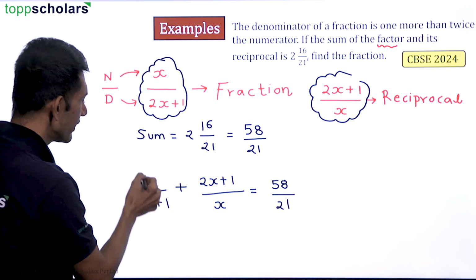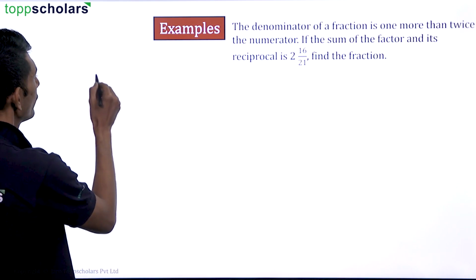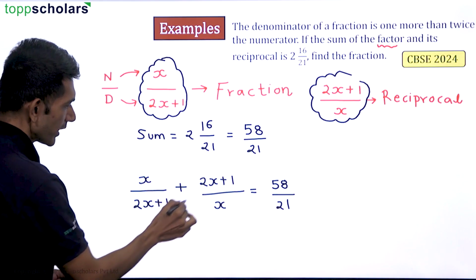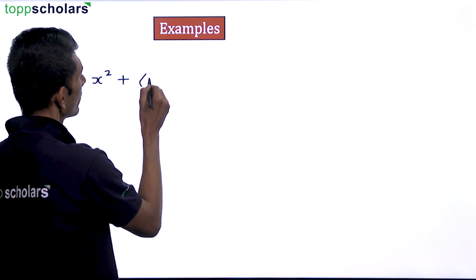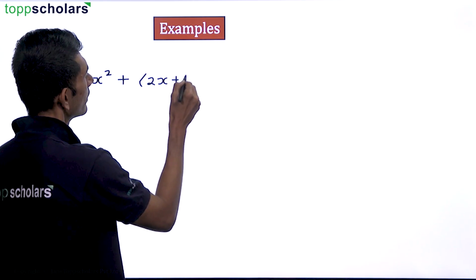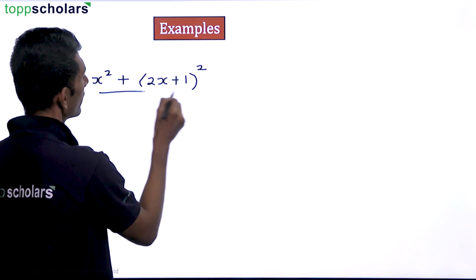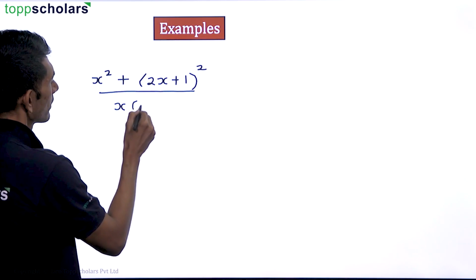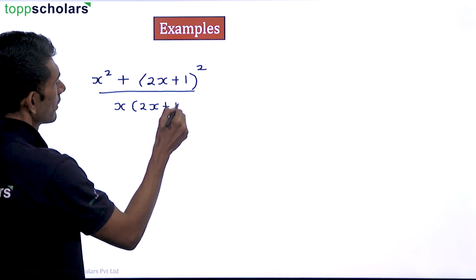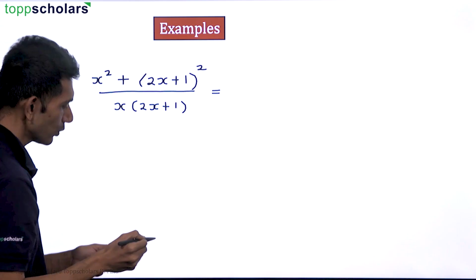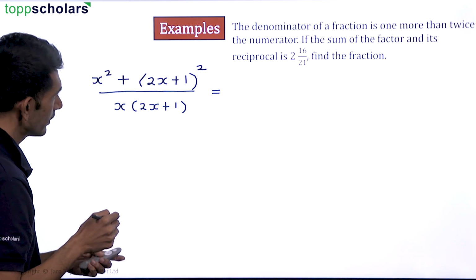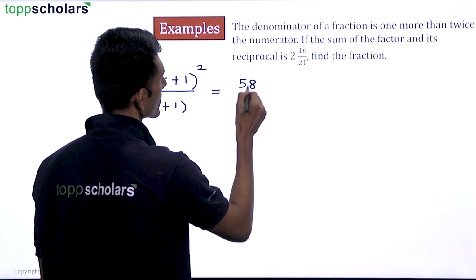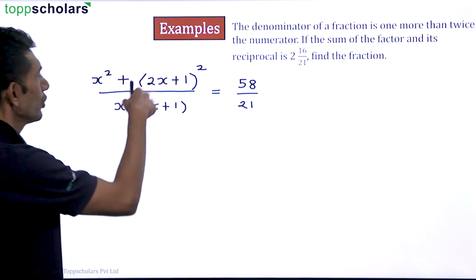Now cross multiply, x into x, that gives you x square plus 2x plus 1 into 2x plus 1, 2x plus 1 the whole square, divided by x into 2x plus 1. This is equal to what? This was the question. This is equal to 58 by 21. Correct? You can solve this now.